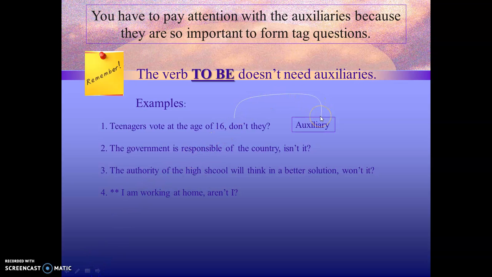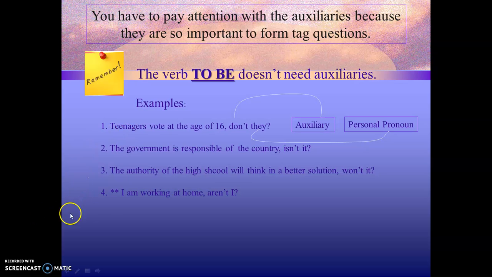Give this example. After the auxiliary, we have to use the personal pronoun, like in this example. They is the personal pronoun in this occasion. In tag questions, we can't use the subject. We always need to use a personal pronoun.